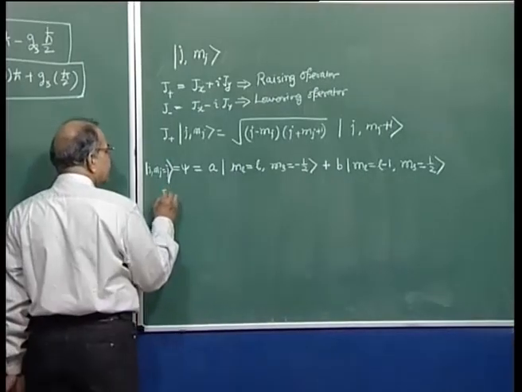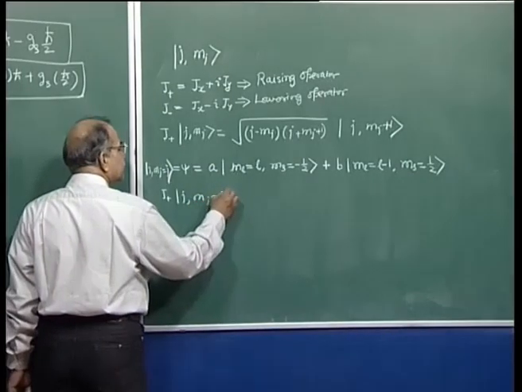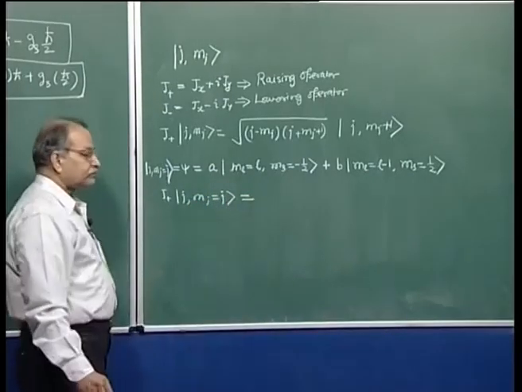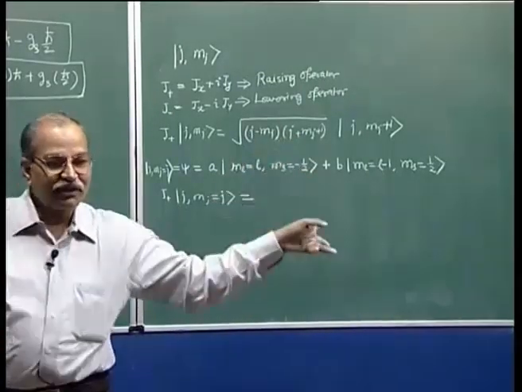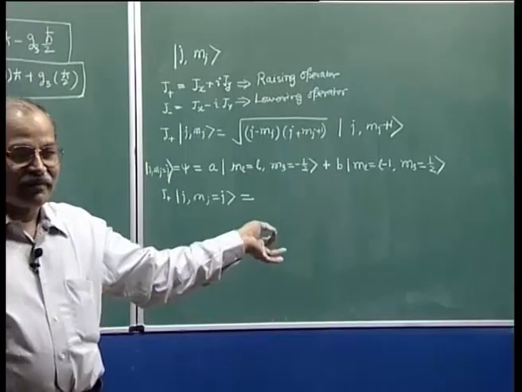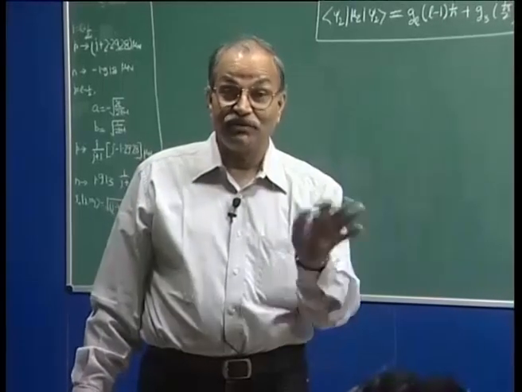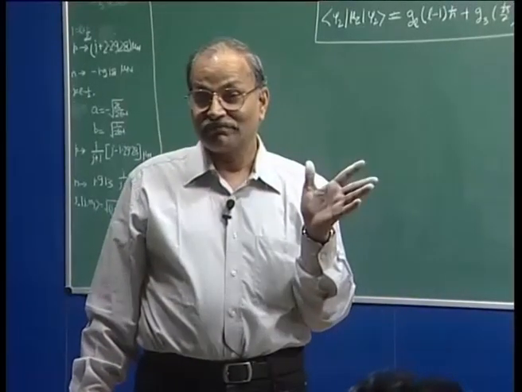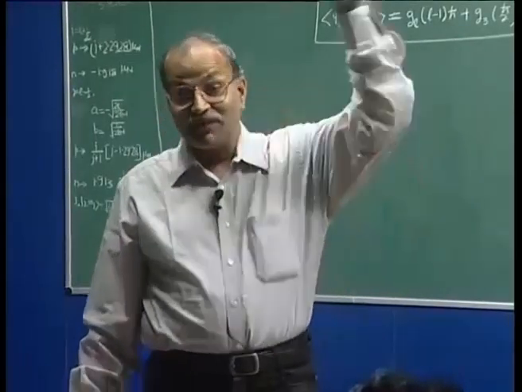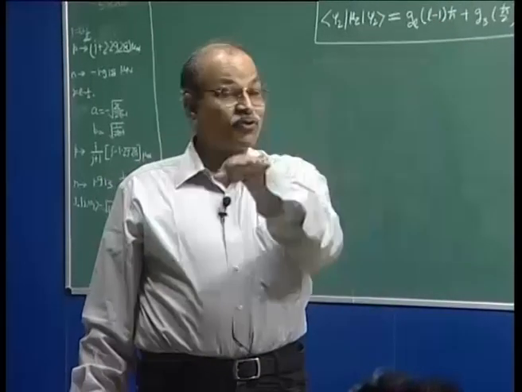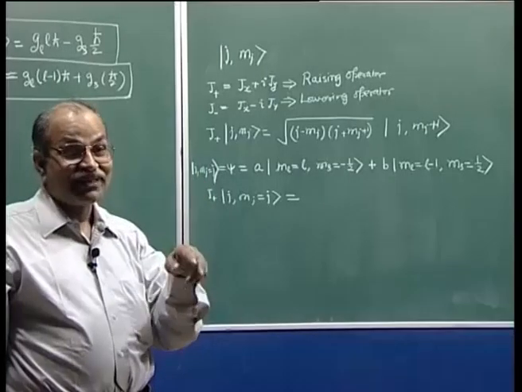So the left hand side is J plus applied on |j, mj equal to j>. How much is this? You can look at the equation and work it out, or you can just remember this: mj has its highest value, mj equal to j, it cannot go up. So the raising operator operating on it cannot increase the value of mj by 1 unit, because it is already at its maximum value.